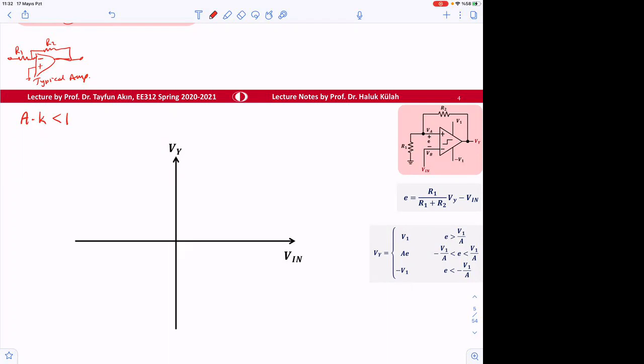Why? Because A is 1000 and K is maybe 0.5, or maybe 0.1. So this is rare but possible.